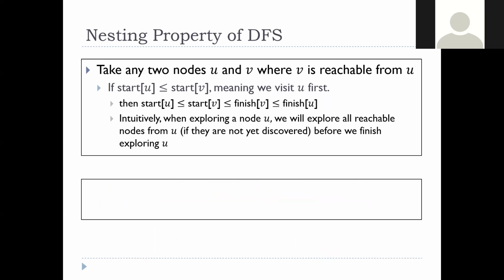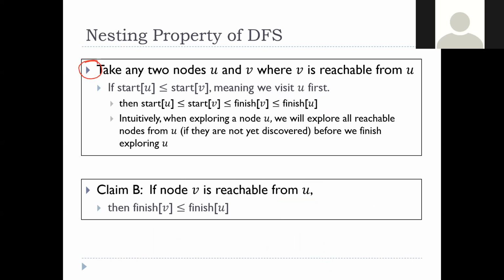All right, so this is just a consequence of the claim we had in the previous slide. And another result from using this is the following one, which is the one that we'll use later, which is in general, if a node V is reachable from U, okay?